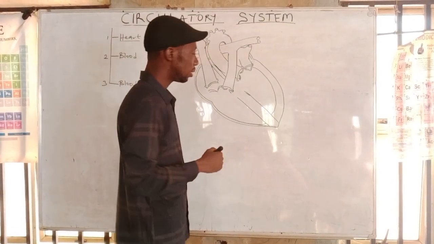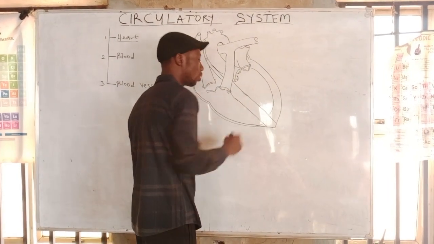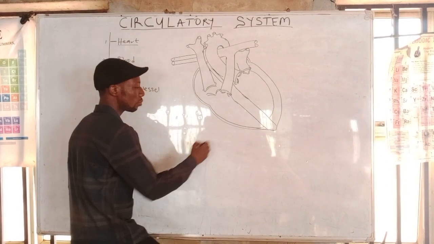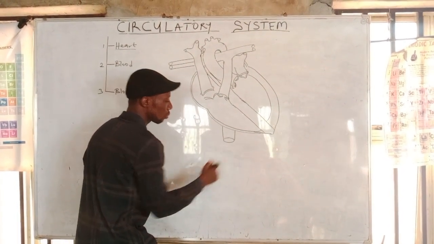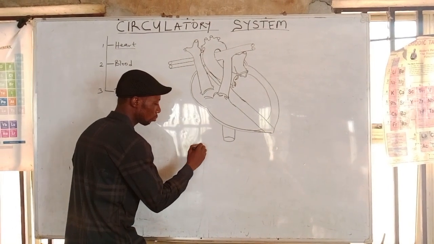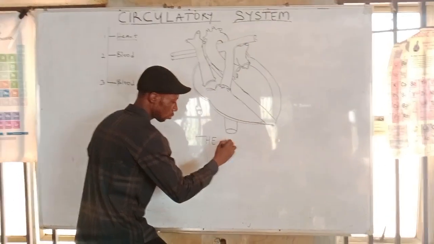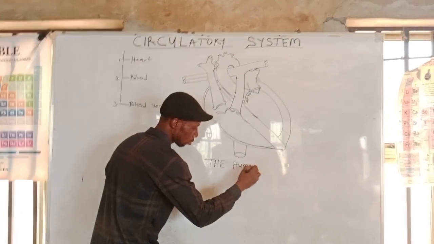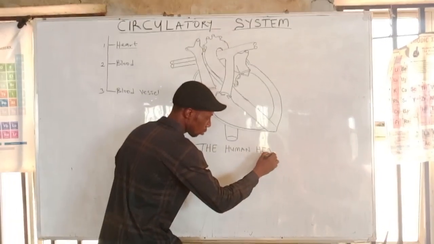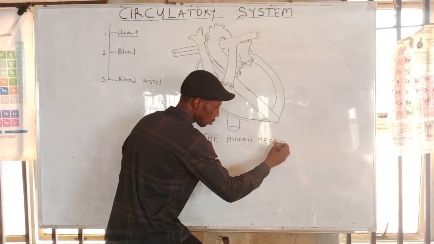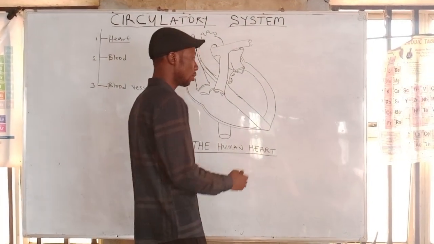This is the typical diagram of the human heart. That is the human heart.